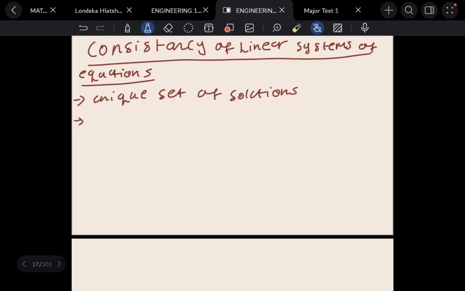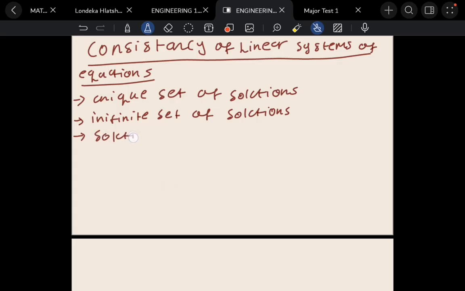Next, we are going to look at the infinite set of solutions. Then we are going to look at the case where the solution does not exist, right? We are going to look at these three cases when we look at the consistency of the solution.